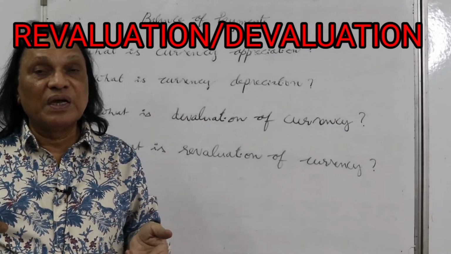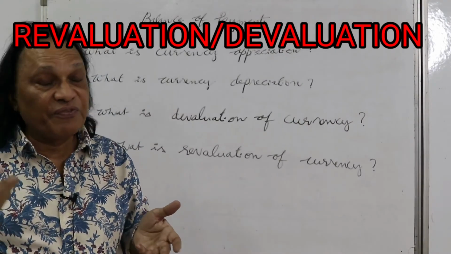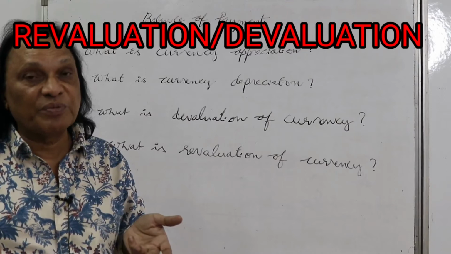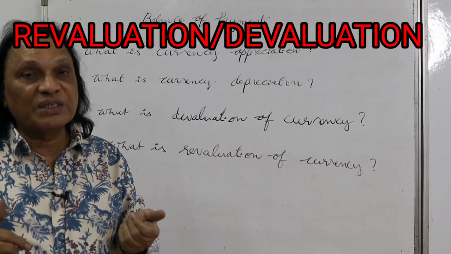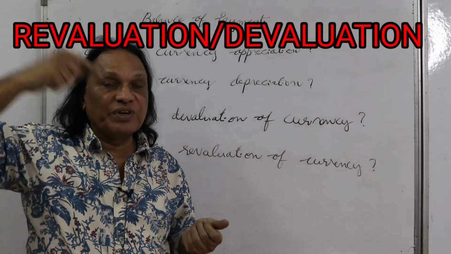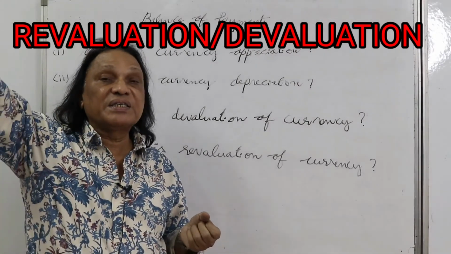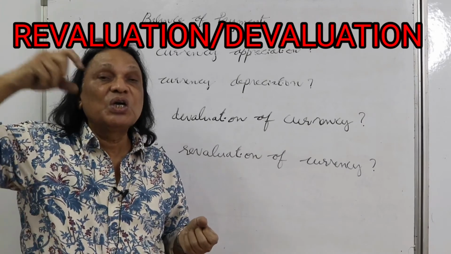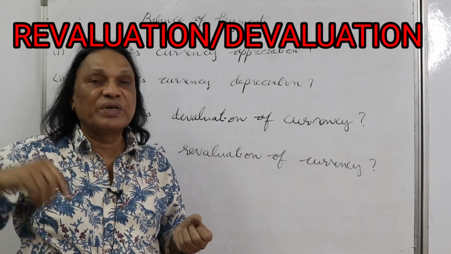That means under the flexible exchange rate, we call it appreciation of domestic currency. When our currency appreciates, the foreign currency depreciates. That means when our currency appreciates, their currency has depreciated. That means we have to pay them less rupees to get a dollar.